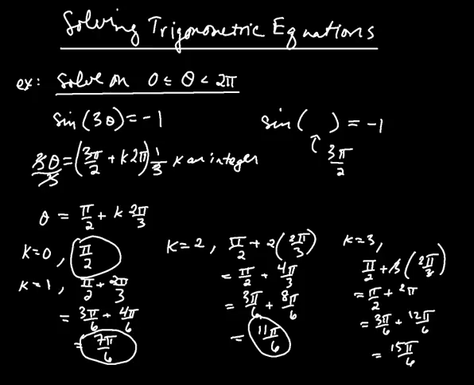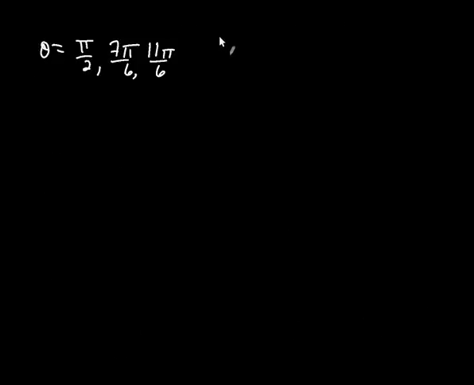Okay, so if we think about that for a second, right? Sine of 3 theta is equal to -1. Now, sine of 3 theta is a function, right? You can actually graph that function. You can actually graph y is equal to sine of 3 theta. And so we know how to graph this, right?